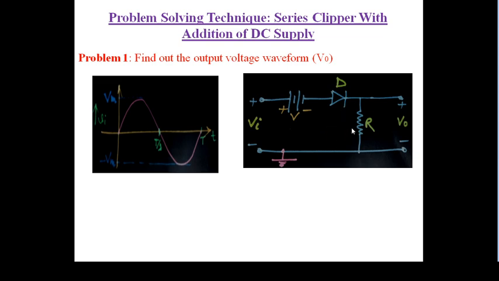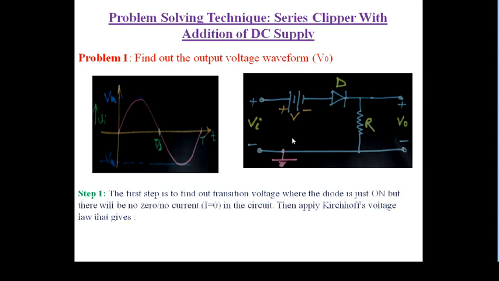Means the current through that resistance, the current in that loop, should be 0. So your very first step is to find out the transition voltage where the diode is just on, but there is no current in the circuit.